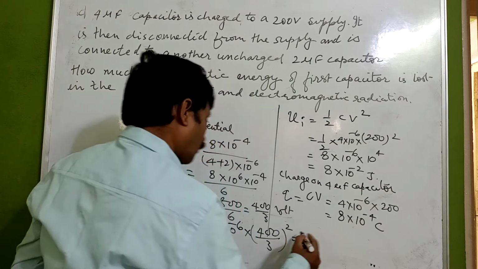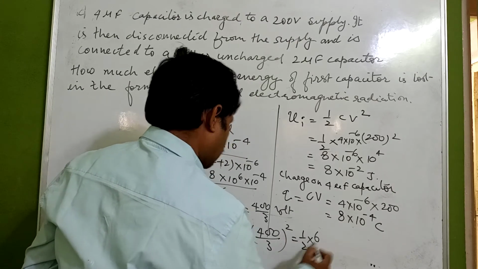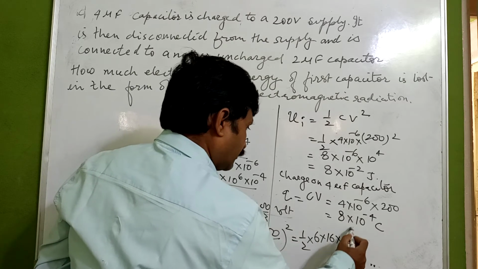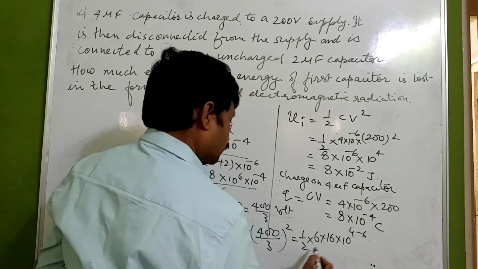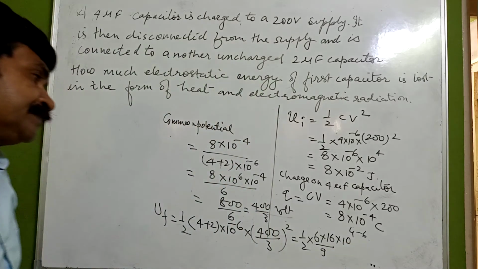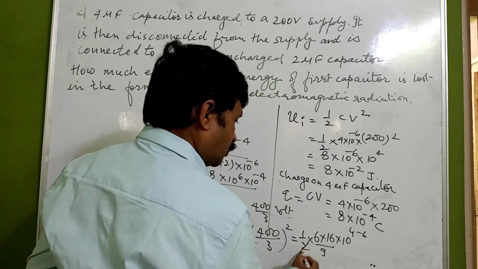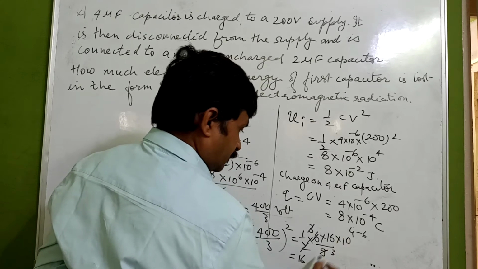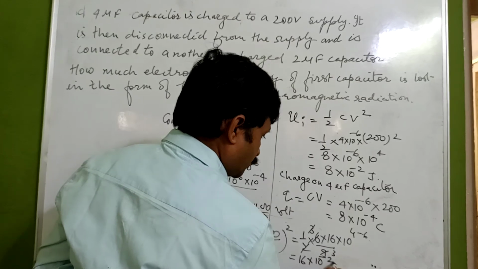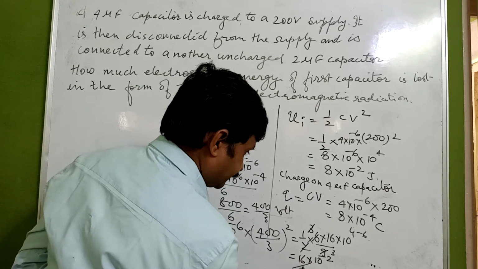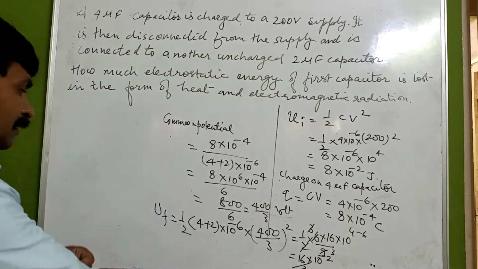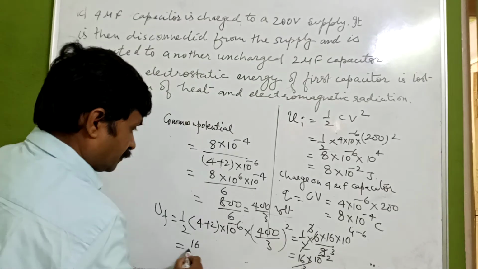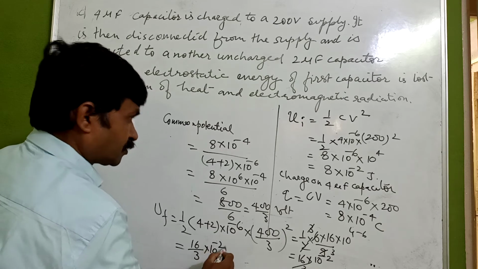So it is going to be 1 upon 2 into 6 and 4 into 4, 16, 10 to the power 4 and this is of minus 6 divided by 9. So 3 twos are 6 and 3 threes are 9, 16 and it is going to be 10 raised to the power minus 2 upon 3. So final energy which we are getting here, that I am writing here, 16 upon 3 into 10 raised to the power minus 2 joule.